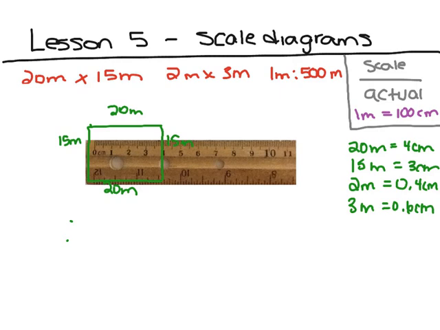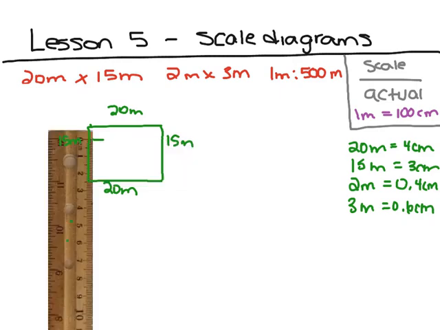So you're going to draw your line. Very little. So that was 0.4. Now I'm going to do 0.6. So just over half. And then we're going to do the same thing on the other side.